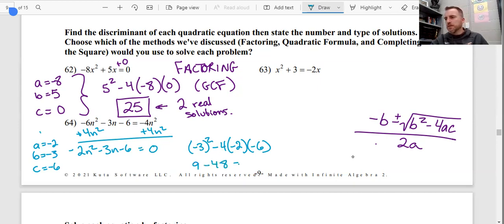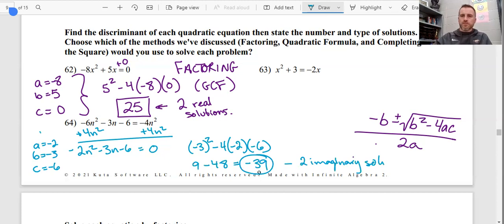So this is going to be negative 39 as our discriminant. And that means because it's negative, when we take the square root of a negative, we get imaginary solutions. So this is going to have 2 imaginary solutions.